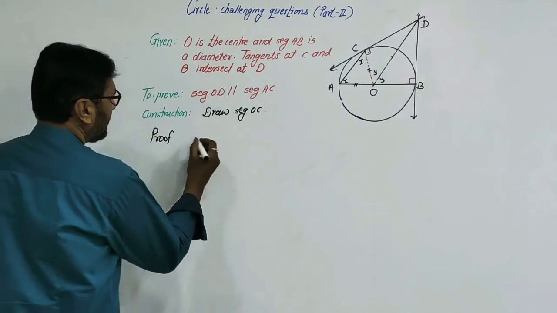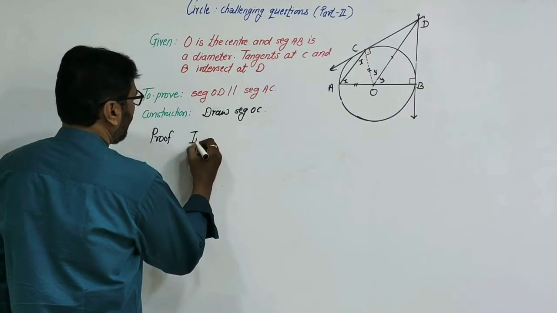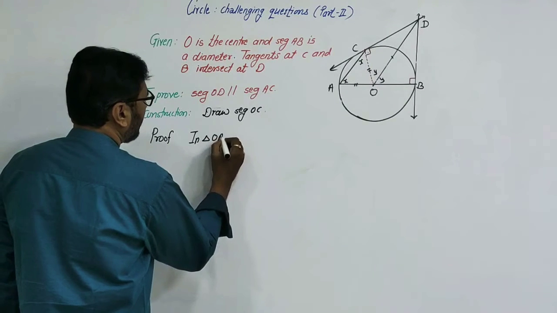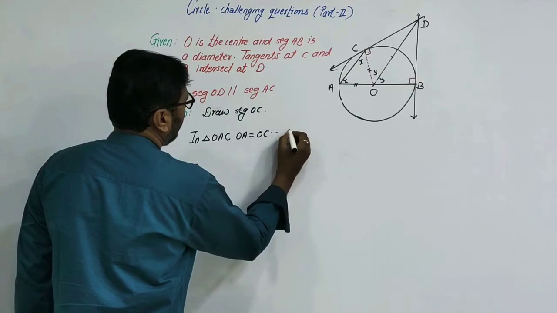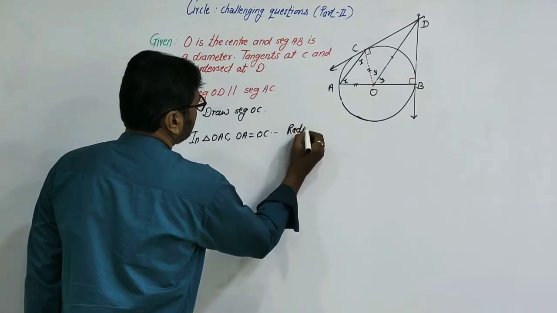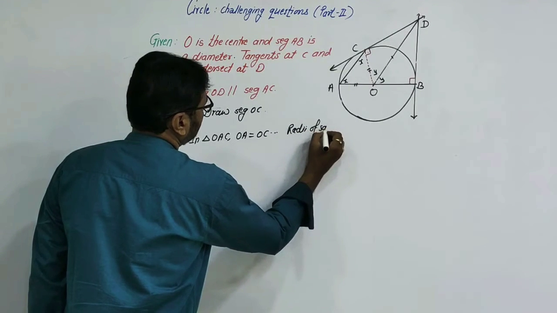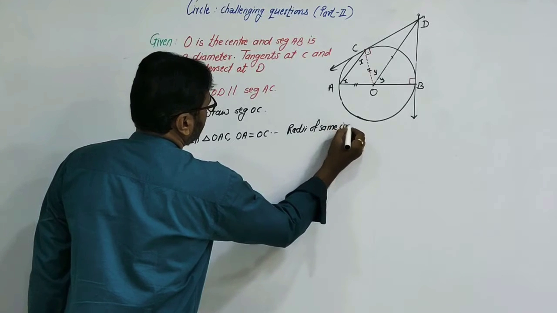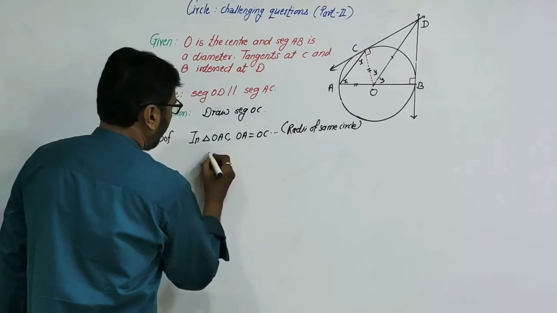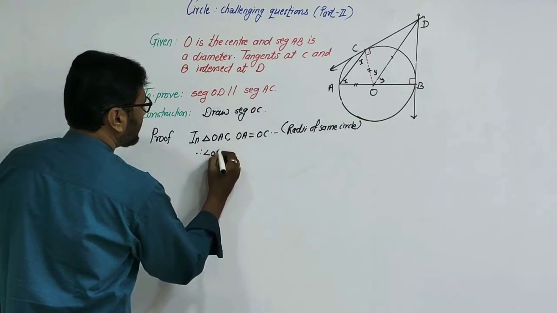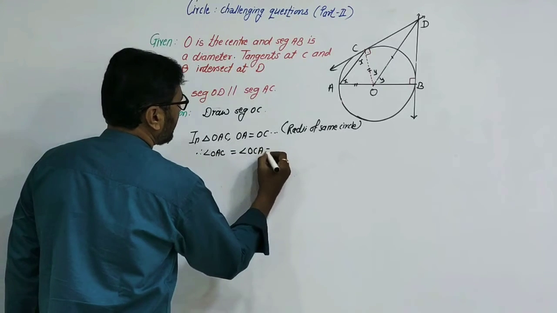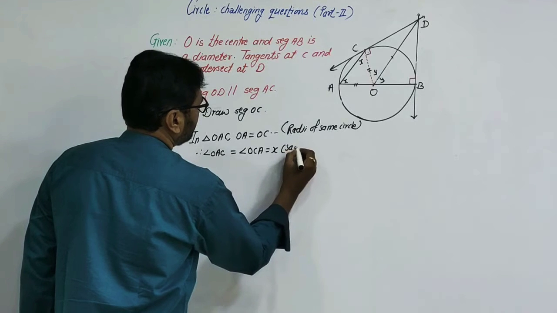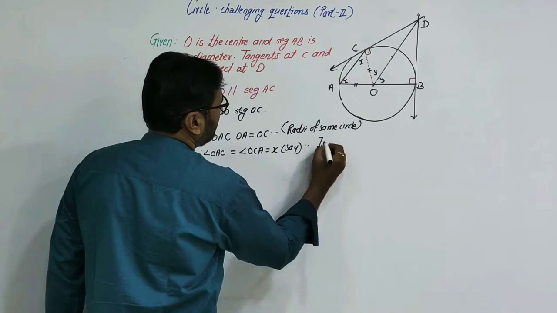See, in triangle OAC, we know OA is equal to OC, radii of the same circle. So angle OAC is equal to angle OCA is equal to X, isosceles triangle theorem.